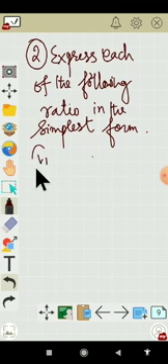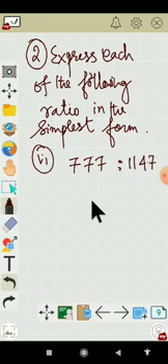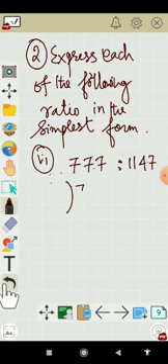Suppose we have to solve question number 6: 777 is to 1147. But we know that if you want to make the ratio in simplest form, then you have to find out the HCF. If their HCF is 1 only, then we can say it is in simplest form. So first find out whether the HCF is 1 or not. Check it.